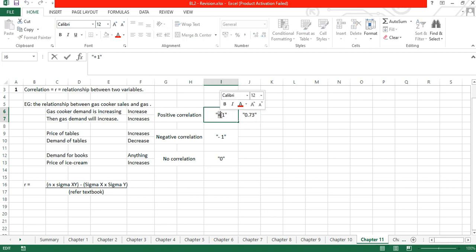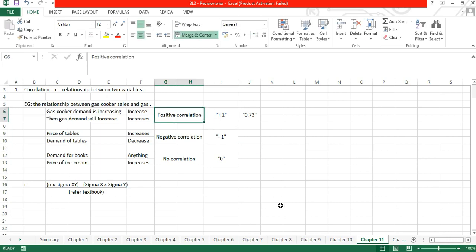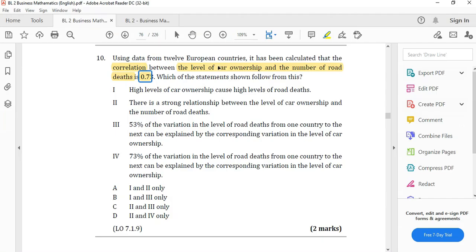So the main thing is this plus. That means there's a positive correlation. Let's see, the level of car ownership and the number of road deaths. Obviously, if we have a lot of vehicles on the road, then only can there be road accidents. Otherwise, there will be no accidents if there are no vehicles, isn't it?